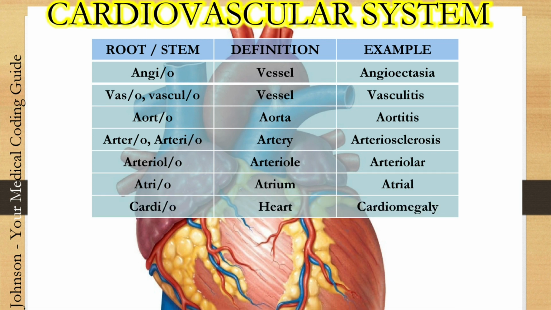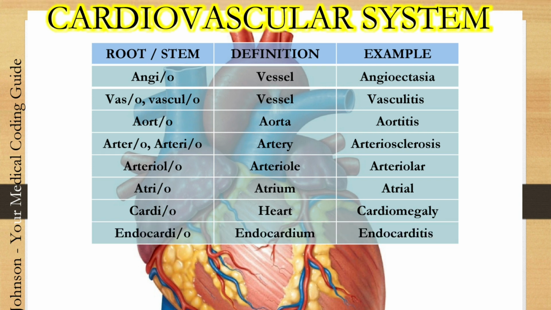The next one, cardio. Cardio means heart. Example, cardiomegaly. Cardiomegaly means enlargement of the heart. The next one, endocardio. Endocardio means endocardium. Example, endocarditis. It is inflammation of the endocardium.